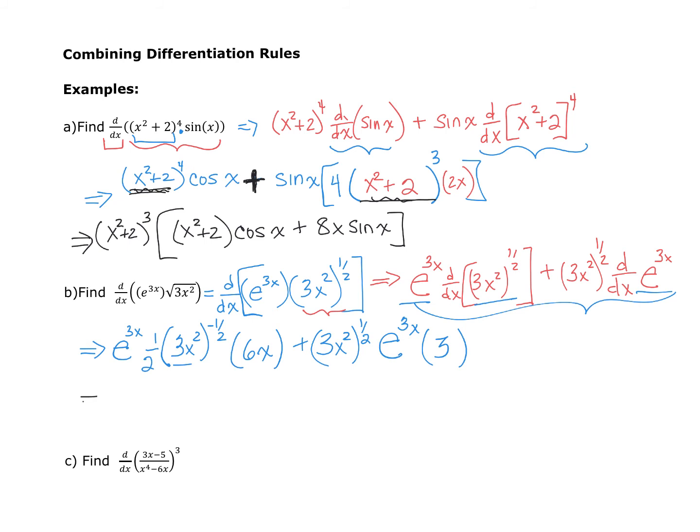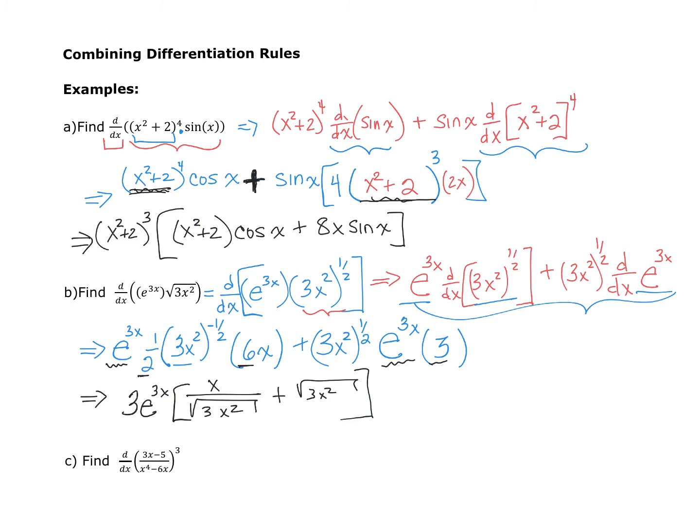So let's also simplify this one. You can see that 1/2 times 6 is 3. So I should be able to factor out an e to the 3x and a 3. So we'll take out a 3e to the 3x, which will leave me with x over the square root of 3x squared plus the square root of 3x squared.